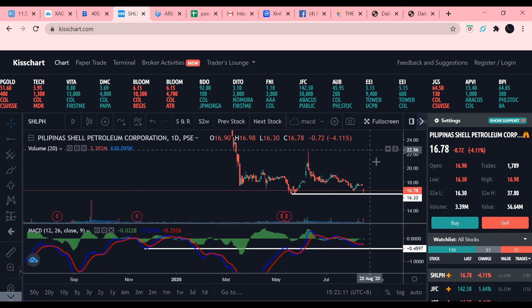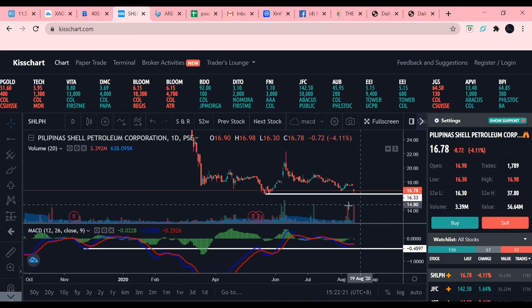But what I can share is that antayin ko muna na at least mag-slow down siya, kasi medyo malakas yung selling pressure. And nasa 52-week low tayo. So, antayin ko muna siya na magkaroon ng bagong support, or kung mag-hold tong support na to, or confirmation for it to move higher.